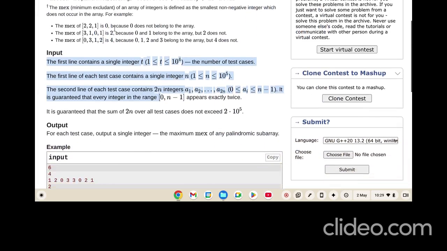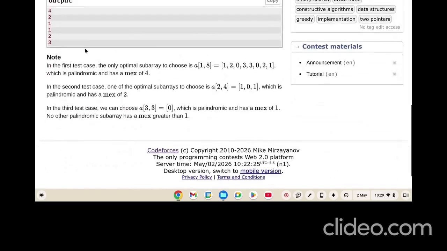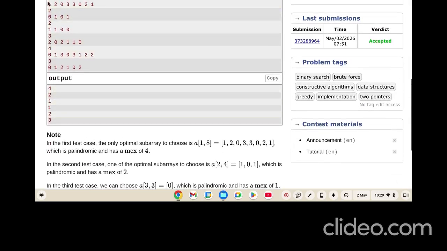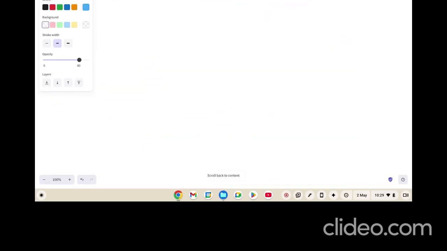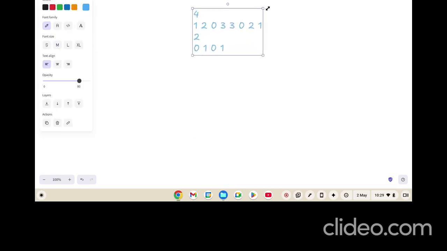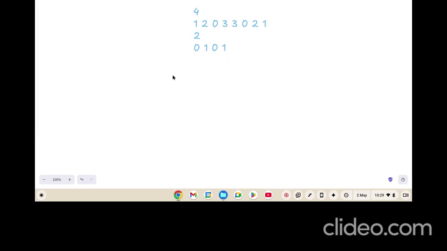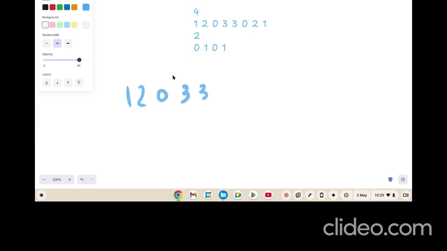So let's see a test case so that it is clear. Let's take the first one and the second one. The first array is 1 2 0 3 3 0 2 1. And the whole array is a palindrome.